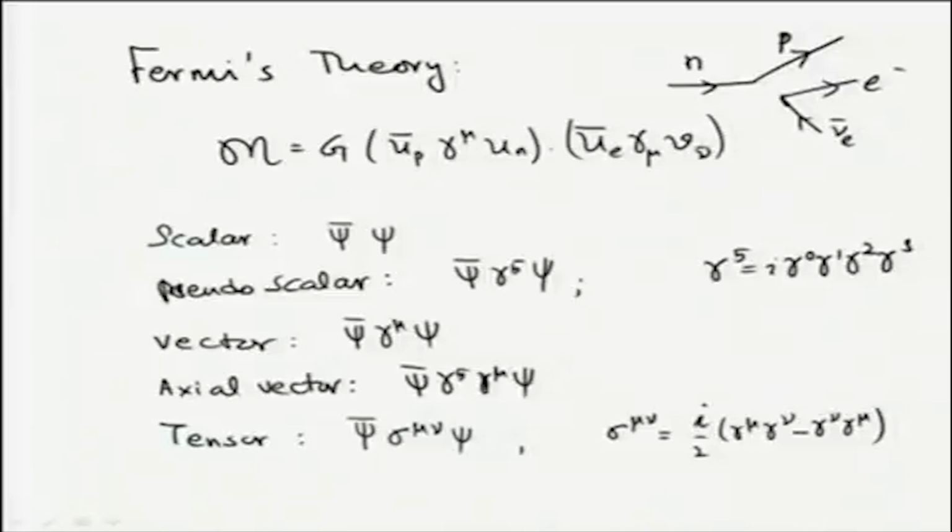These are the different types of what are called bilinears, a set of bilinears with proper Lorentz transformation structure that can be constructed using gamma mu and psi bar.